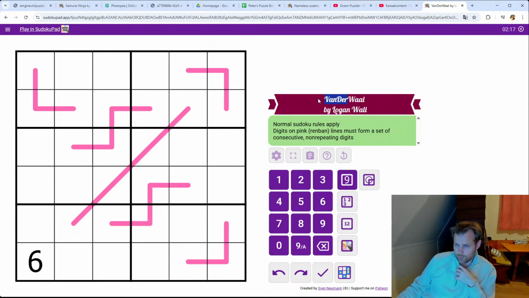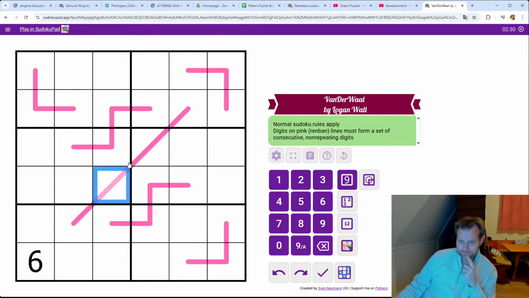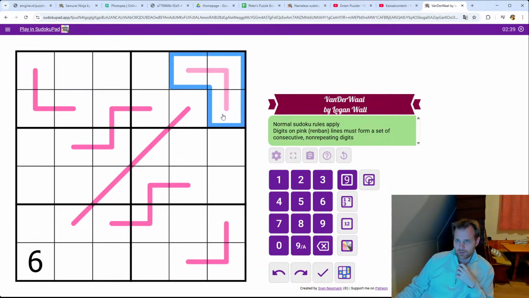So this is called Van der Waal. Are you Dutch? Because probably you already recognized, if you are Dutch, that I am Dutch as well. My accent is unmistakable.